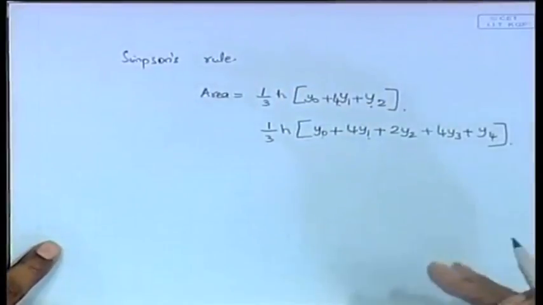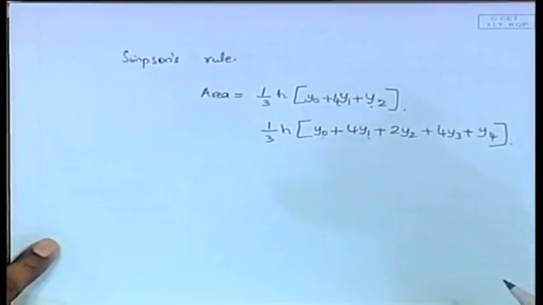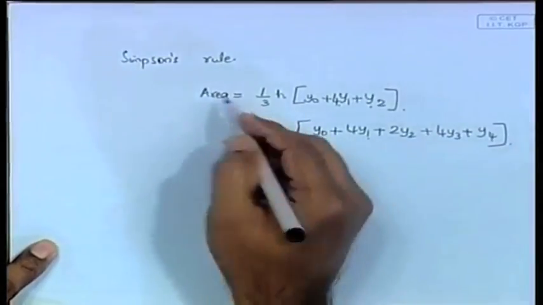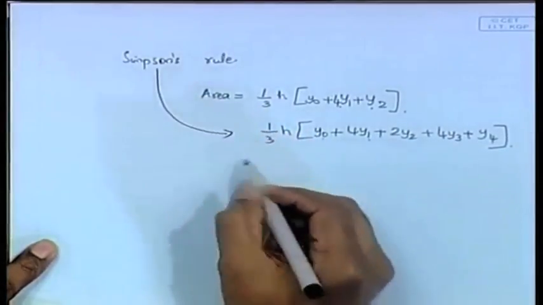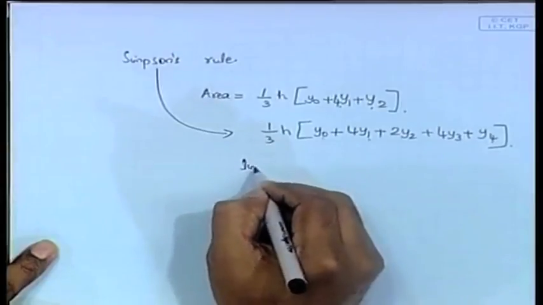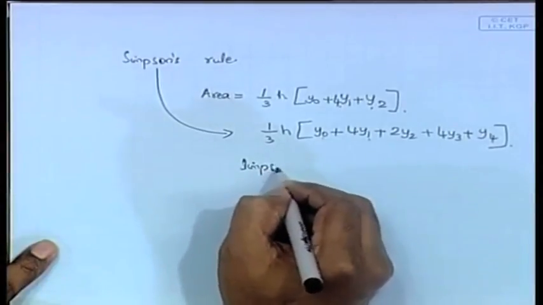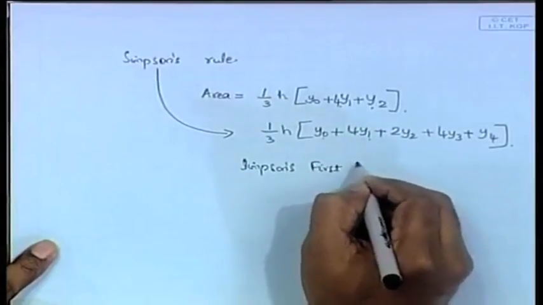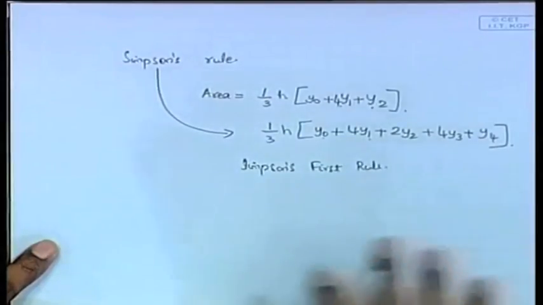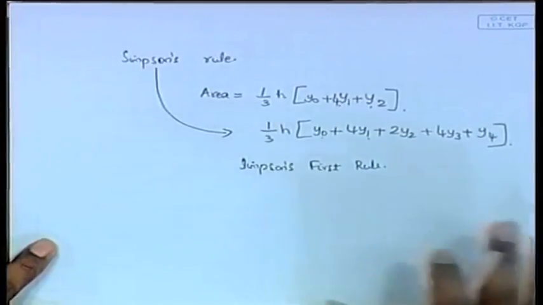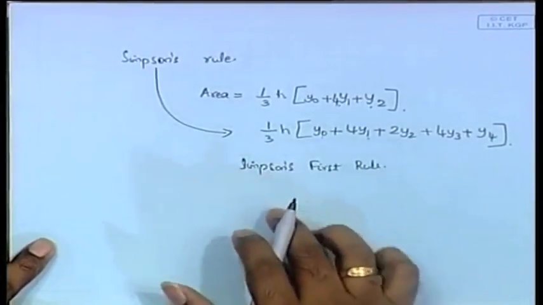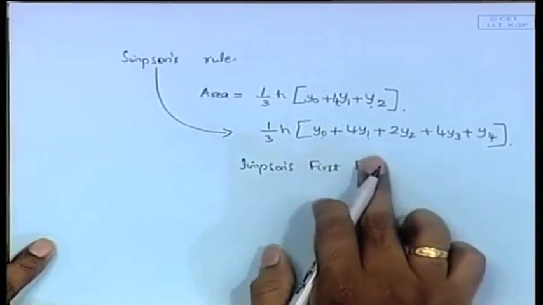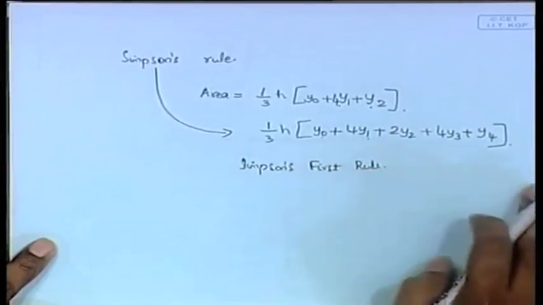But in real practice, this formula is actually known as Simpson's first rule. For completeness' sake, this 1, 4, 2, 4, 1 is known as Simpson's first rule.